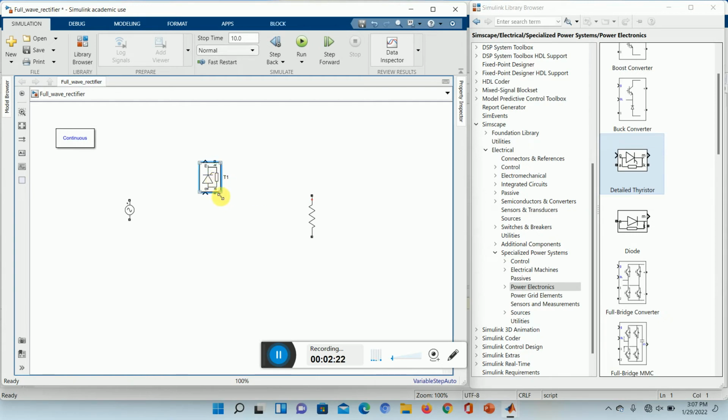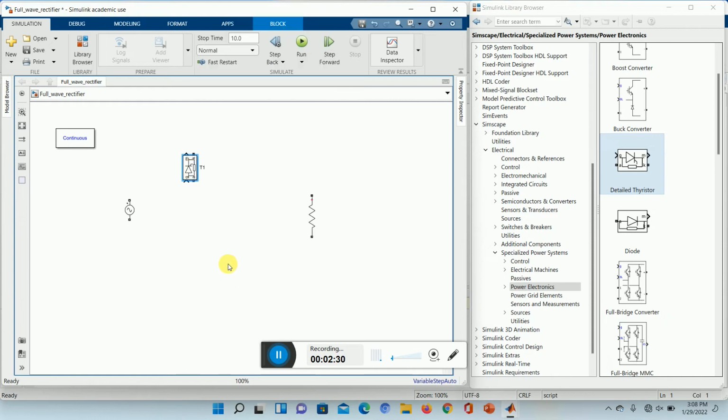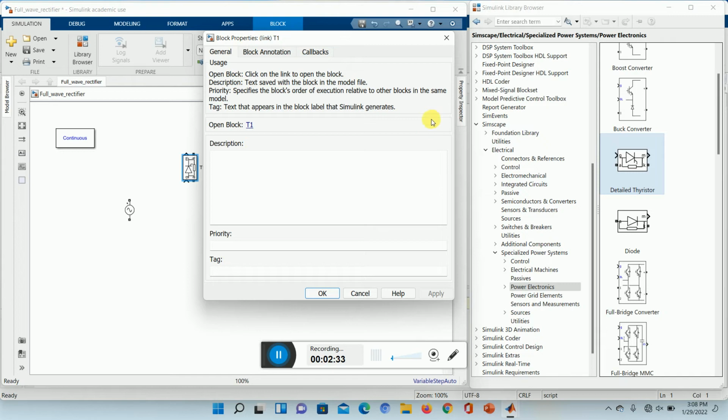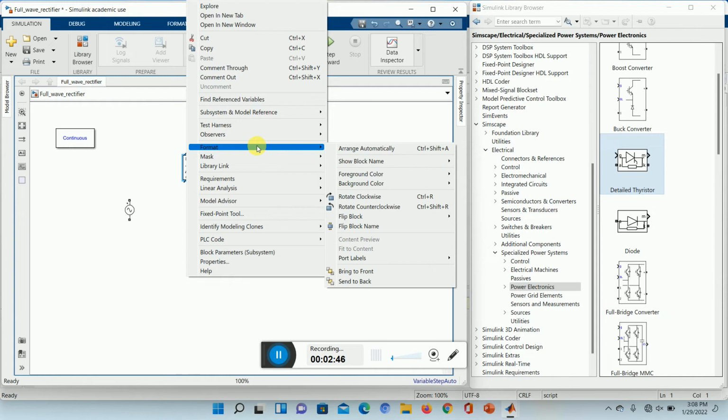You can resize this. Let us see what we can do. Properties. Here you have control R for rotate clockwise, control shift R for anti-clockwise.